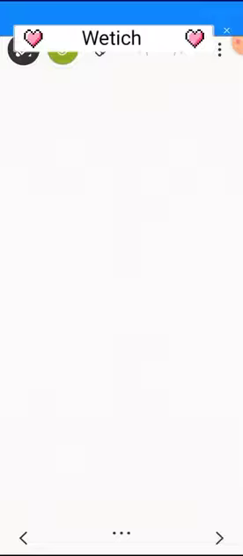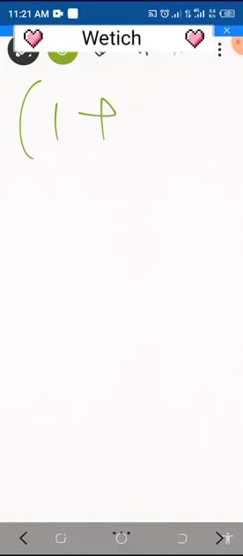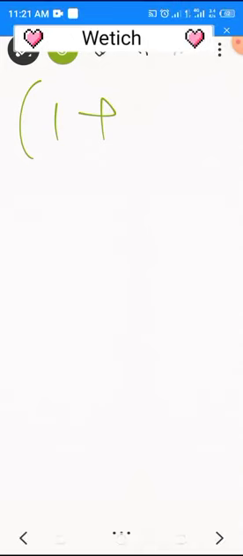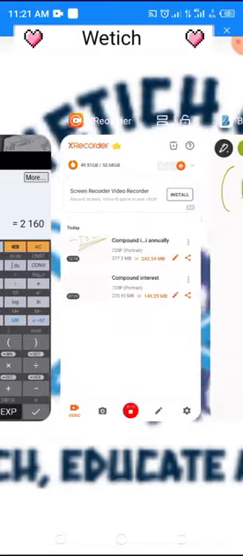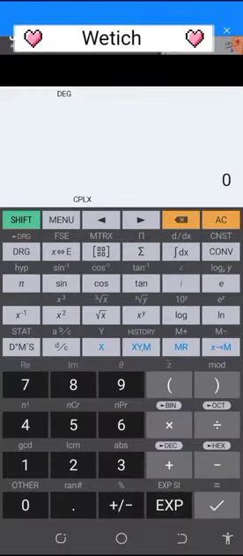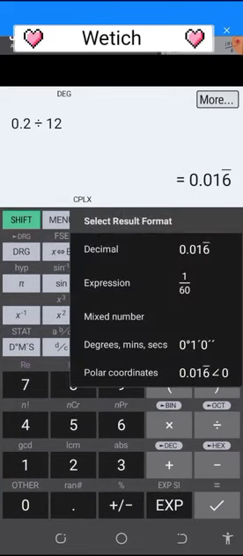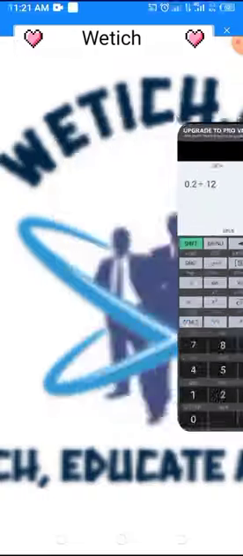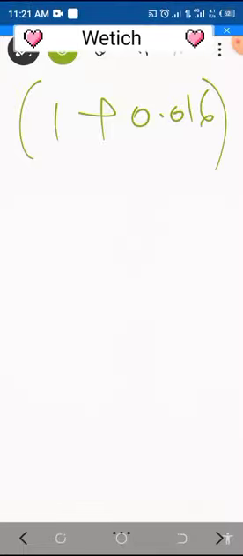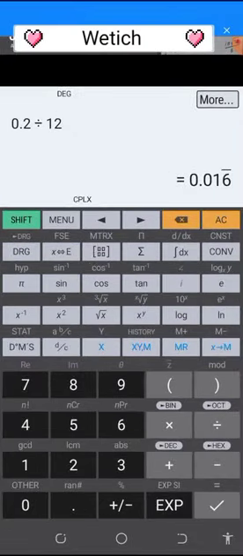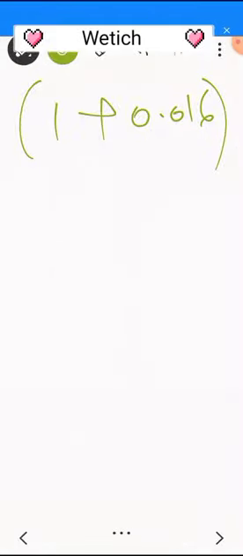Let's go to the calculator. 0.2 divided by 12 gives 0.016.